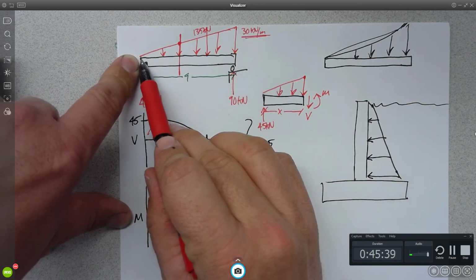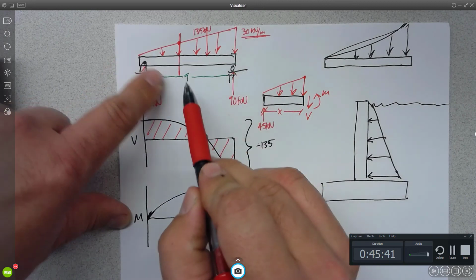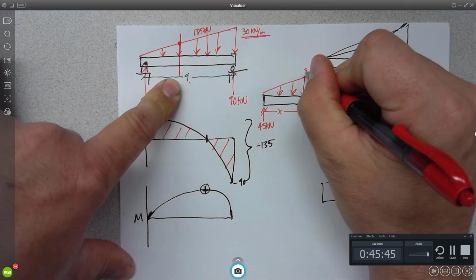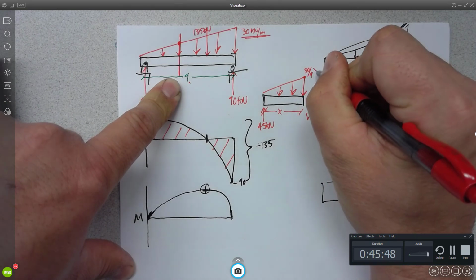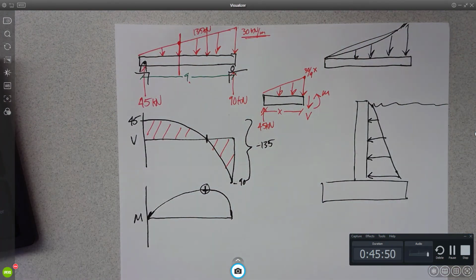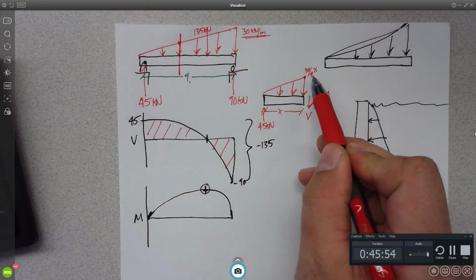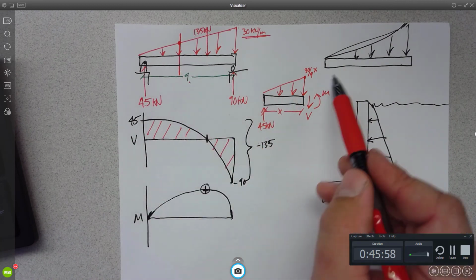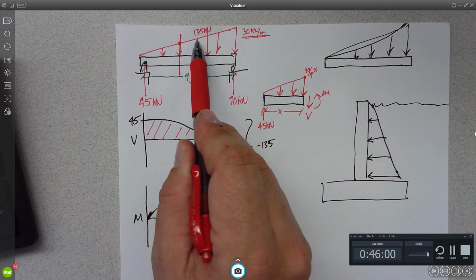So we have a rise of 30 with a run of 9, right? So this would be 30/9 x, right? Because if I'm at 9, it'll be 30. If I'm halfway across, at 4.5, it'd be 15, right?